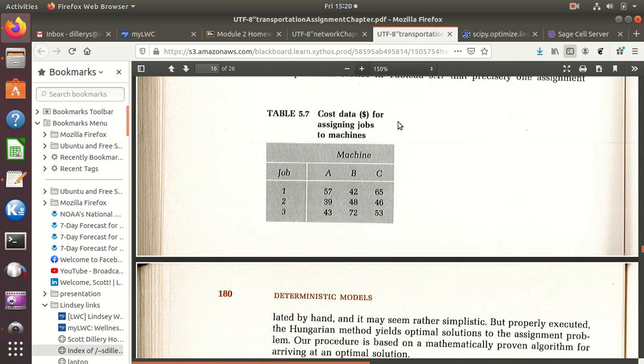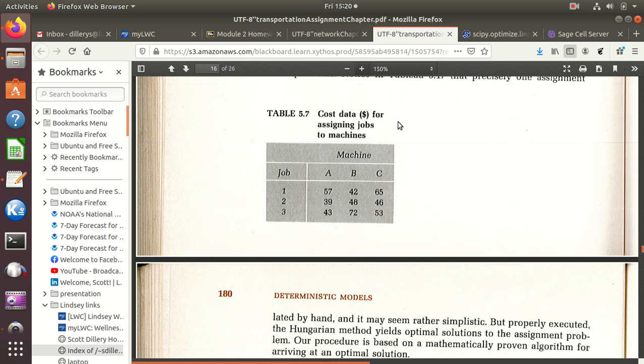Pretty straightforward. We want to minimize cost. And then as we think about constraints, typically, when you think about something like turning an item on a lathe, pretty much you have to assign one job to one machine.